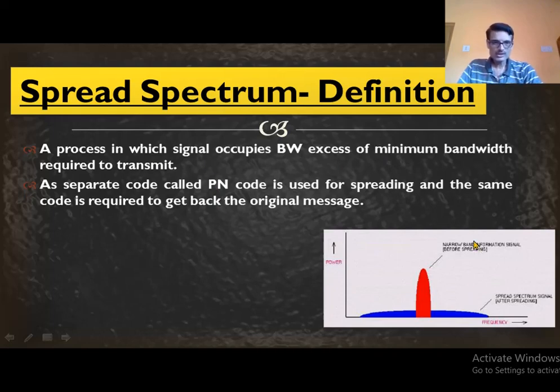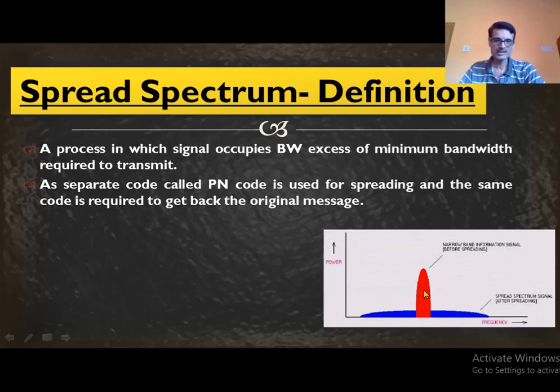As you can see in this figure, this is the power. The power is actually reduced much. This diagram shows the narrow band information signal before the spreading. It has a large power and a very narrow bandwidth on the frequency axis, the x-axis. So it occupies a very small bandwidth with a large power. This is the normal communication of a modulated signal, say ASK, FSK, PSK, whatever the type of signal is.